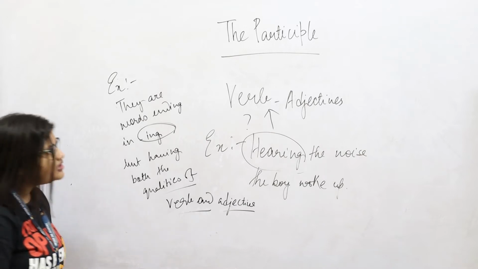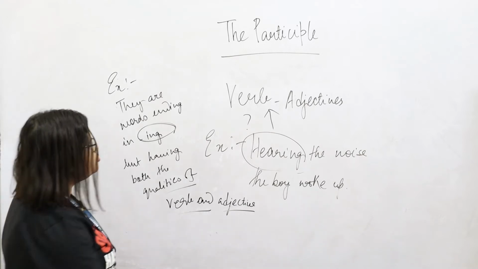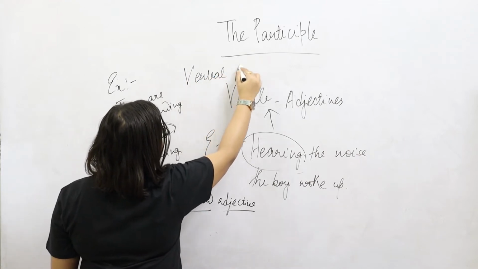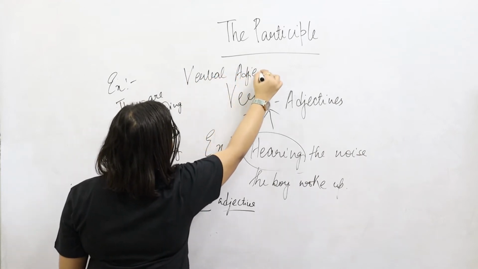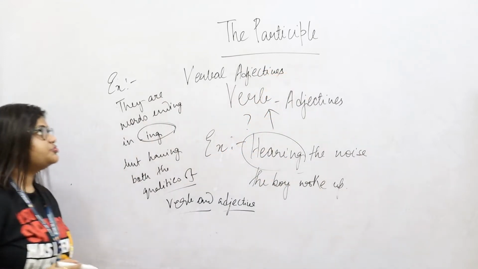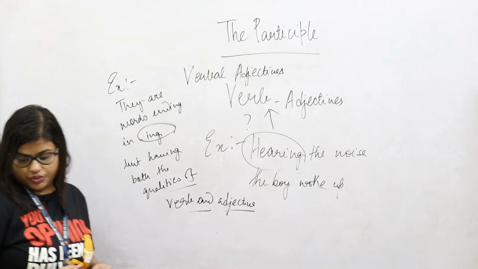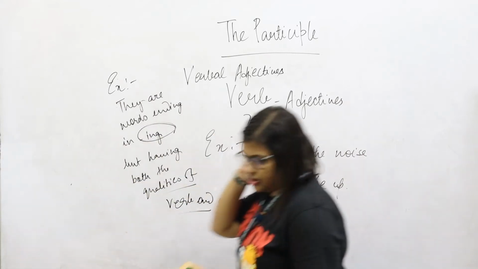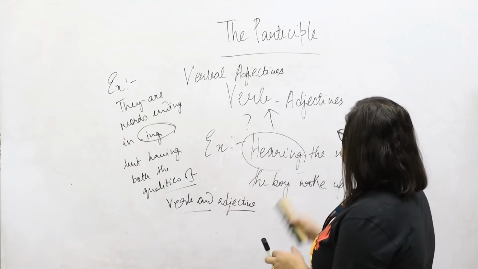Participles can also be referred to as just verbal adjectives. So this is what our participle in short is. We can do a few more examples to understand what participles are.